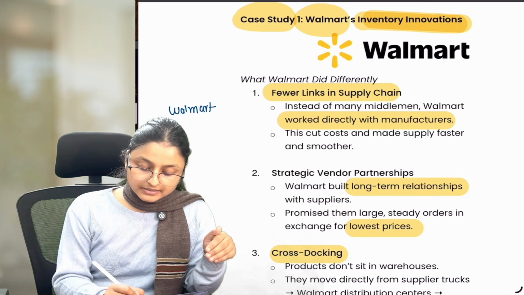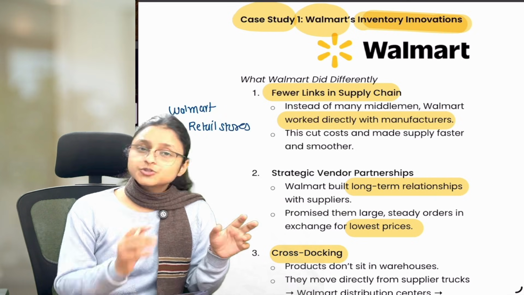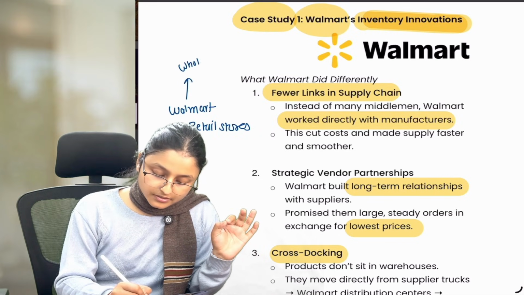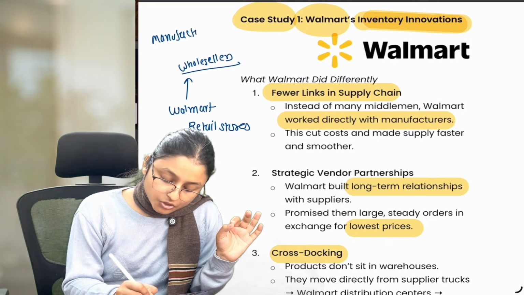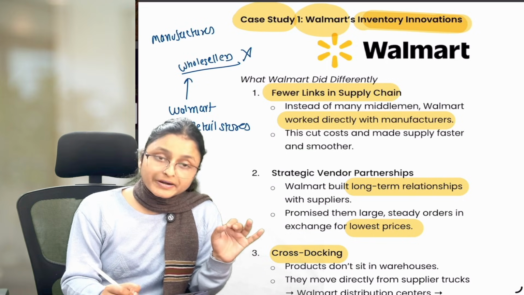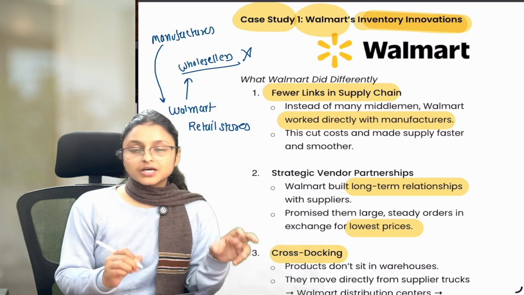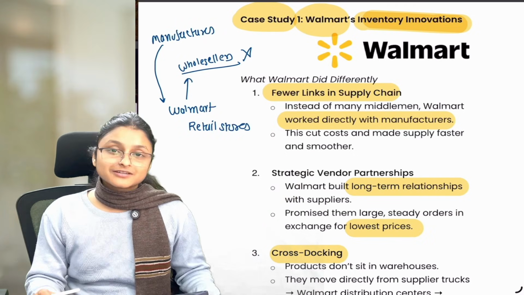Whenever there is a need in the retail stores, Walmart has to buy the products, but they don't go to any wholesalers. They directly buy from manufacturers. So there is no middleman in between. Walmart buys directly from the manufacturers and transports all the goods to its retail stores.